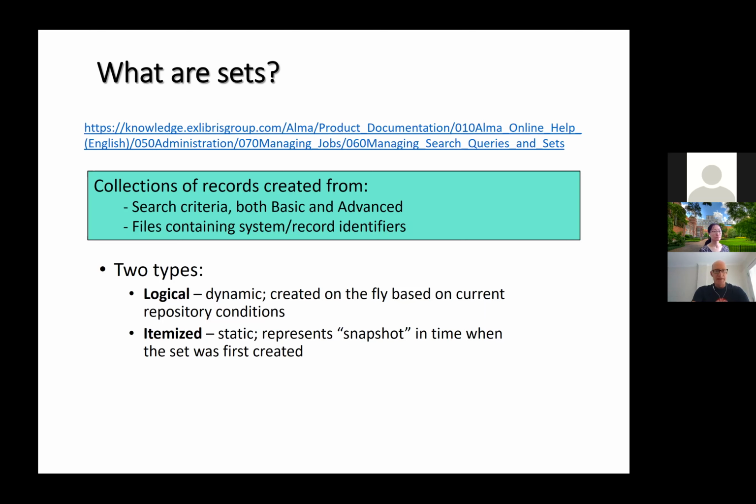An itemized set is just the opposite. It can be seen as a static representation of the repository. If you create an itemized set today, what you're going to get is a snapshot in time from today, and running that itemized set 6 months from now, you're going to get the same exact results because it's a static representation of the repository. I'll talk a little bit more about that later on.